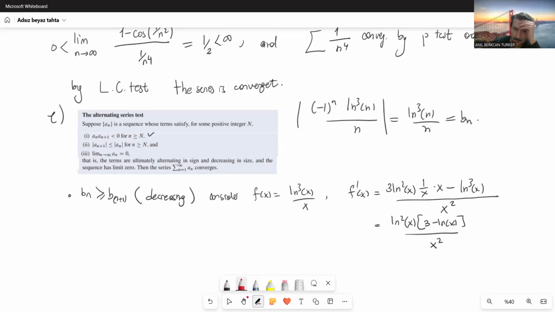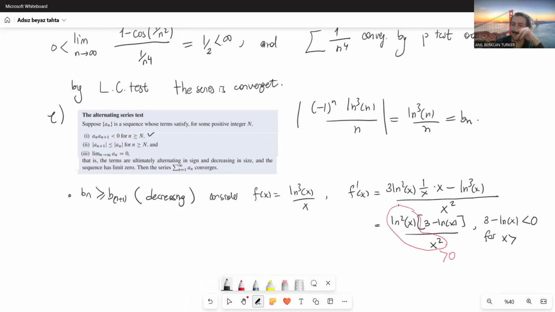As you can see, this thing is always bigger than 0. It is actually never 0, but it's strictly positive, because we don't care about this 0, since this original series starts from 4. If you recall the problem. But here, 3 minus ln x is negative for x bigger than e to the power 3.